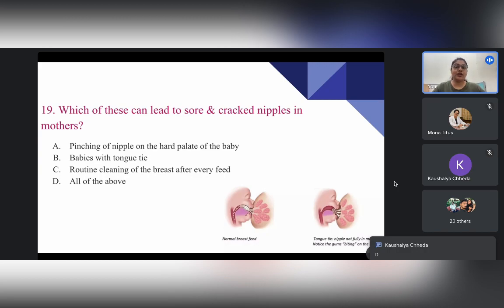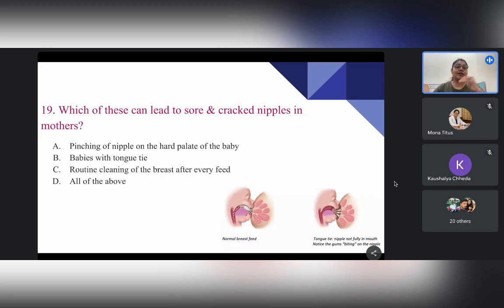So now when we are talking about sore or cracked nipples, this is a specific kind of injury which can happen to the mother's nipples. They can become dry, they can become itchy, and they can become inflamed, and this can be due to various reasons. Say if the baby is not able to latch onto the breast properly, and that is leading to nipple feeding, then the nipple might also hit the hard palate of the baby.